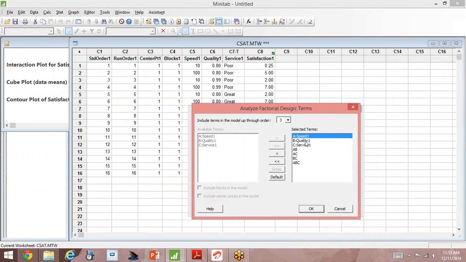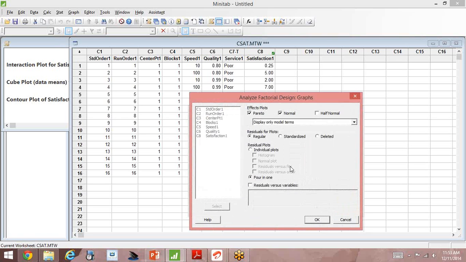So we have A, speed, which is factor 1. B is quality, which is factor 2. C is service, which is factor 3. Then we have two-way interactions: AB, that is speed and quality, speed and service, and then quality and service. And then we have the three-way interaction, which is speed, quality, and service. We have all these terms.